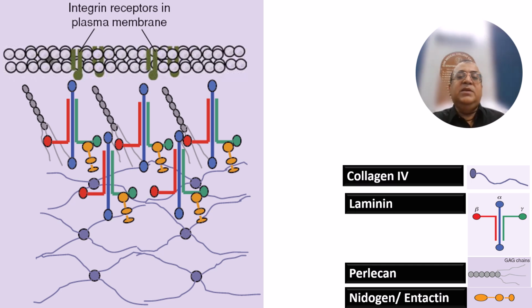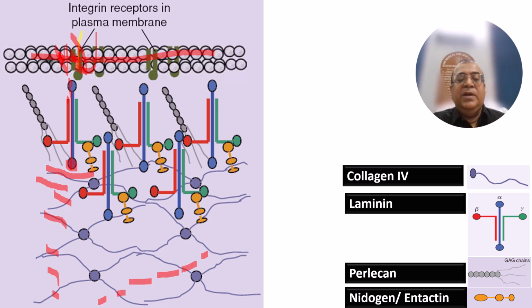So this illustration is describing the organization of all these elements and how they are forming the basement membrane. These integrin receptors that are over here in the plasma membrane are bound with the laminin, and the laminin is also down there in this overlay.